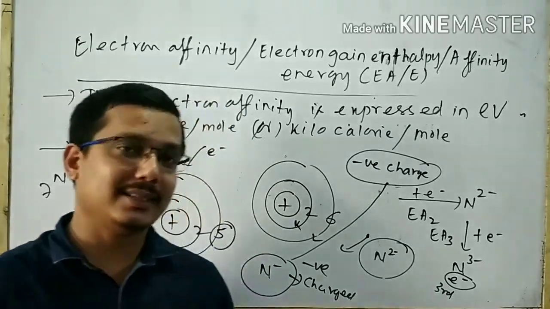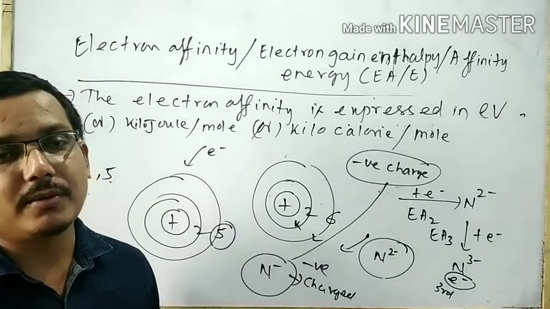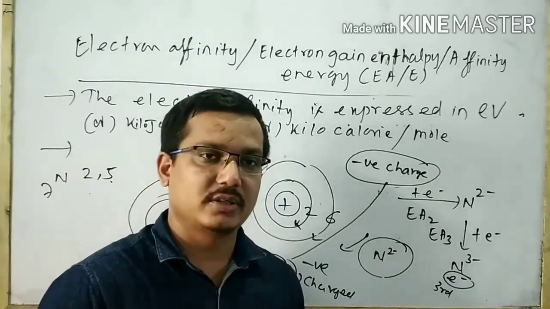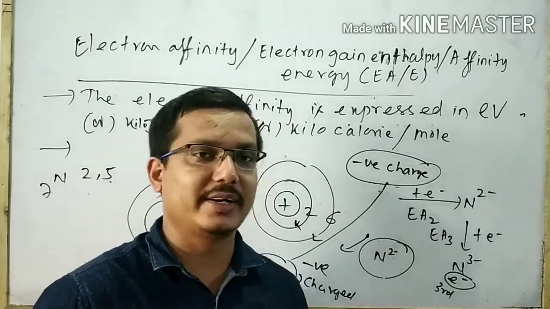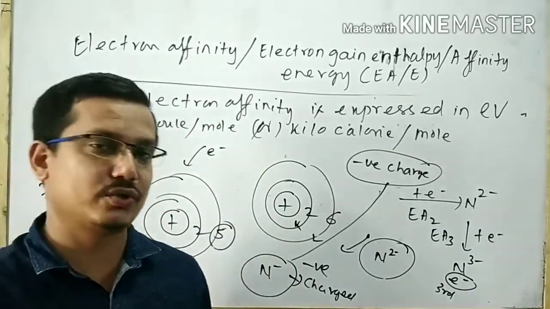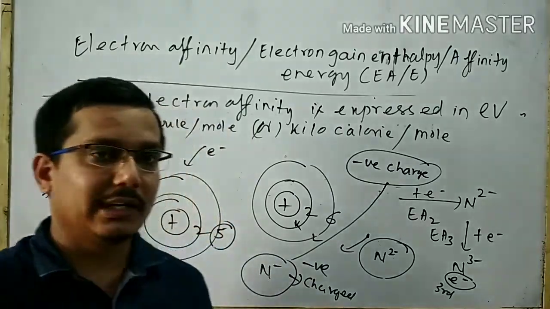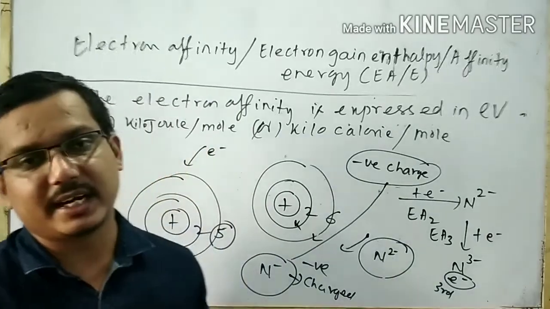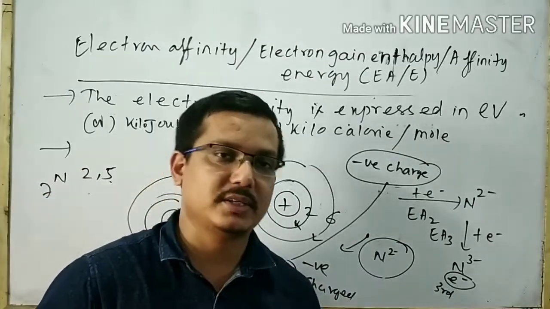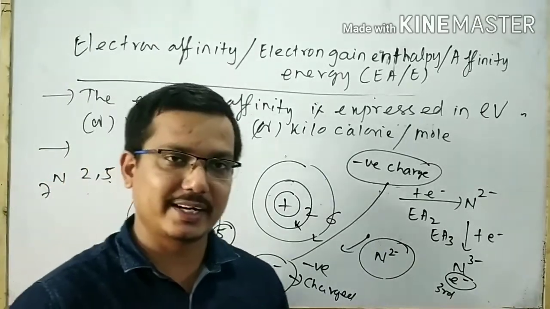But when I add the second electron, the atom has already been converted into a negative ion, so there is a repulsion between the negative ion and the second electron which is to be added. In case of the first electron added, there is no repulsion, but in case of the second electron added, there is a repulsion between the charged ion species and the second electron.